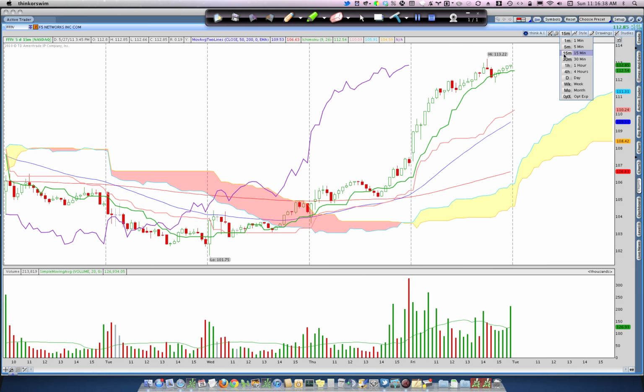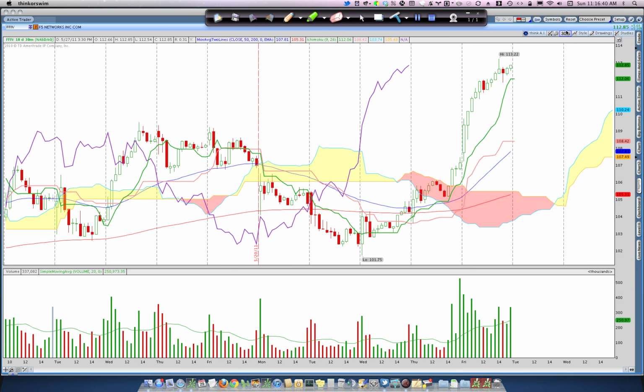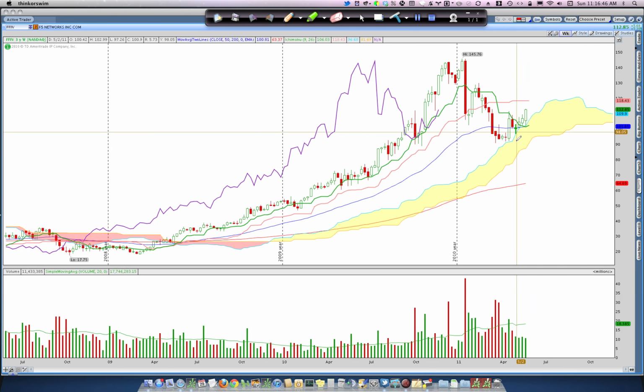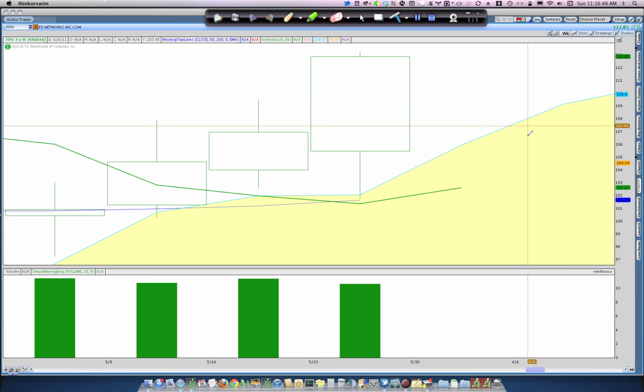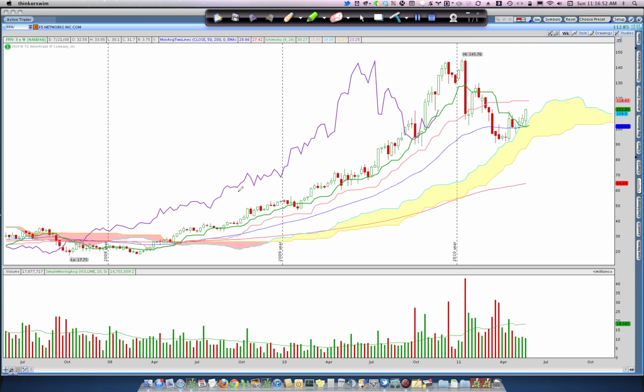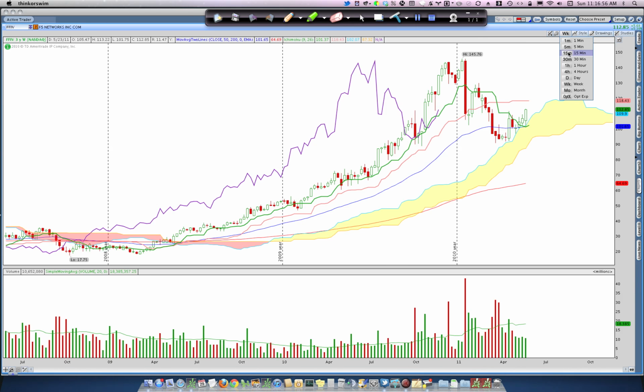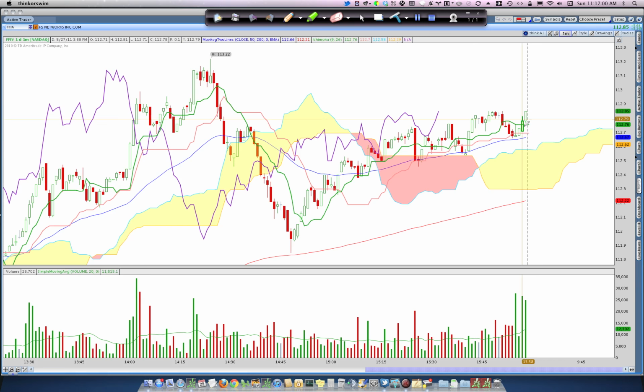No resistance on the 15. 30. No resistance on the 30. No resistance on the 1 hour. No cloud above on the 4 hour, but we have a cloud below on the 4 hour. So if you're a 1-minute trader, it looks like this is telling you from a cloud basis that FFIV has some upward momentum behind it, and that's certainly confirmed by this volume.